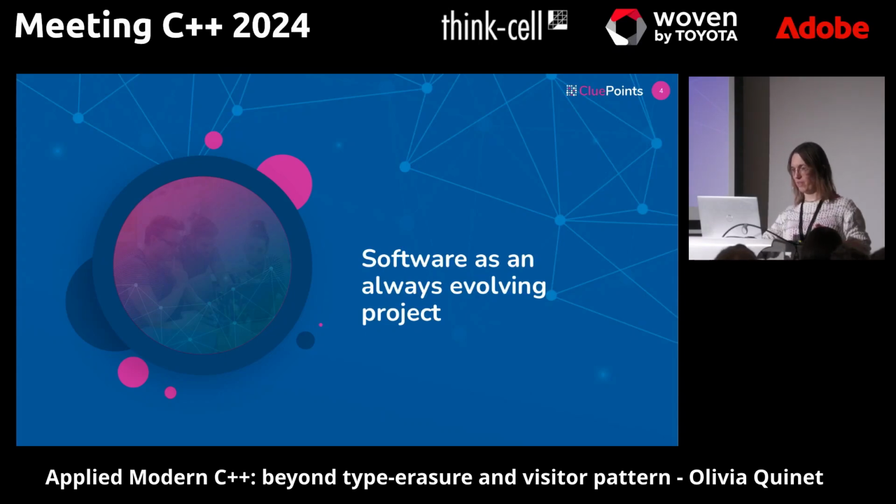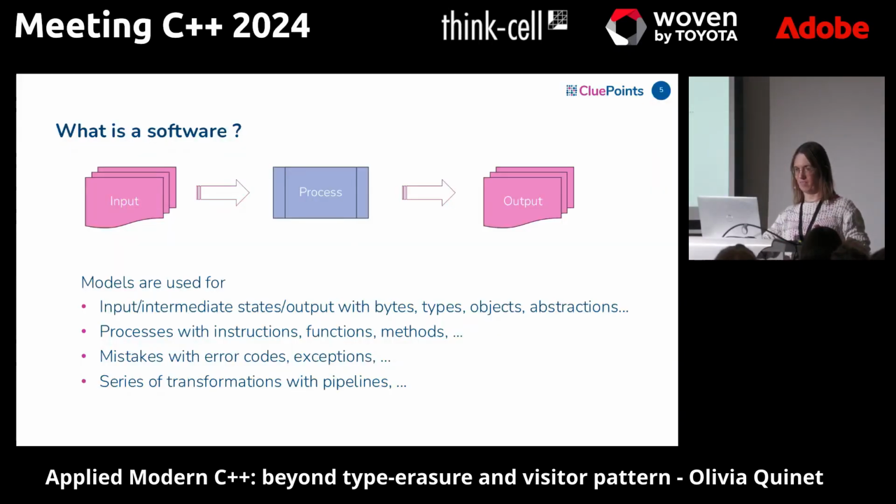Software is an always evolving project. That's very crude, but it's to give the idea. So a software takes some input, we process it, and we create some outputs. And for this, we use models and abstractions for the input, for all the intermediate states, for the output, and we can represent those models by bytes, by types, by objects, and even higher levels of abstraction.